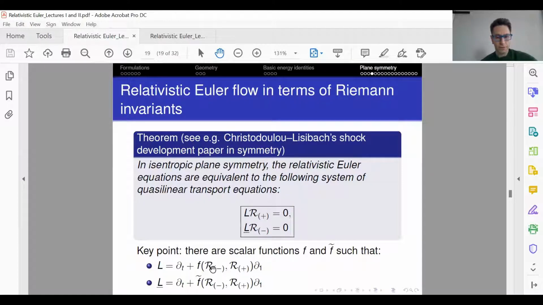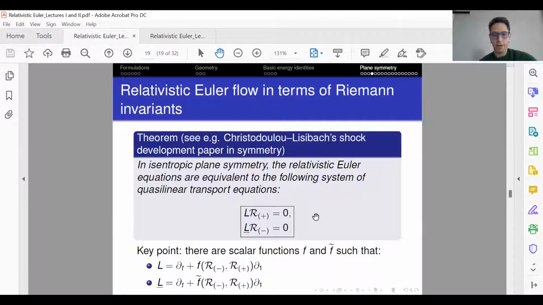So these differential operators, dt and d1, are partial derivatives with respect to standard Minkowski rectangular coordinates on the Minkowski space.